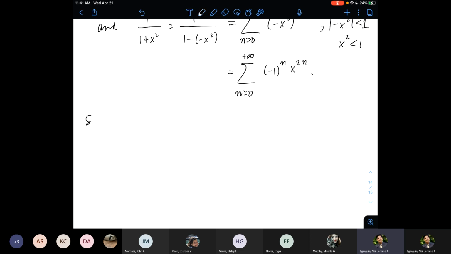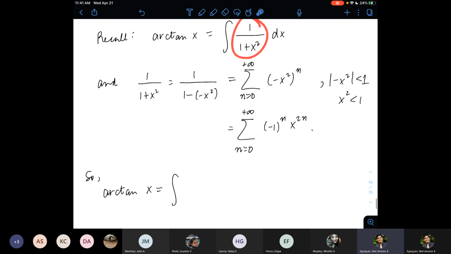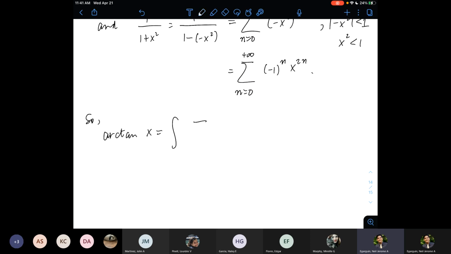So, we'll have arctan of x is equal to the integral. Instead of 1 over 1 plus x squared, I'm going to use its series expansion from 0 to infinity, multiplied by dx. And this is true whenever x squared is less than 1.